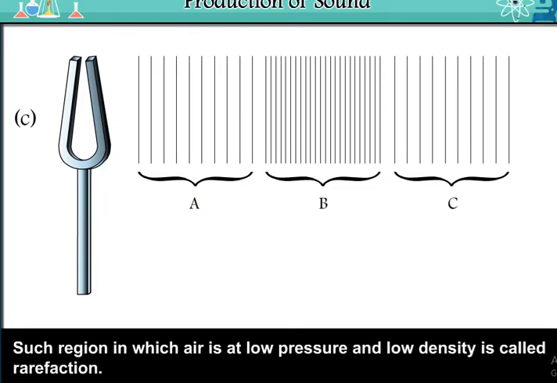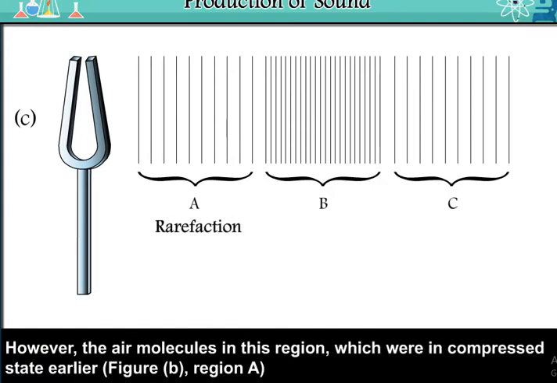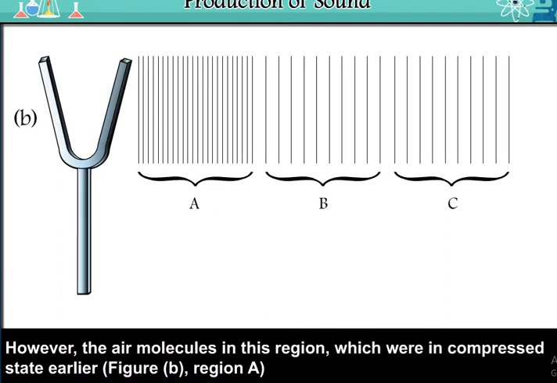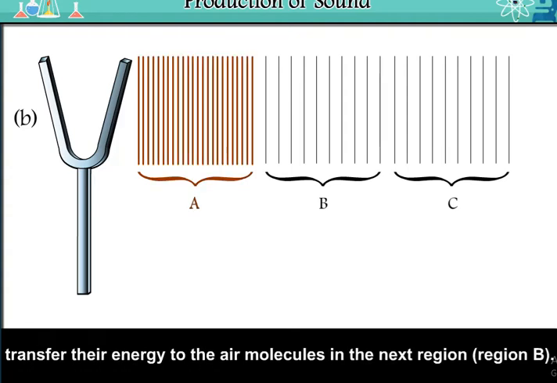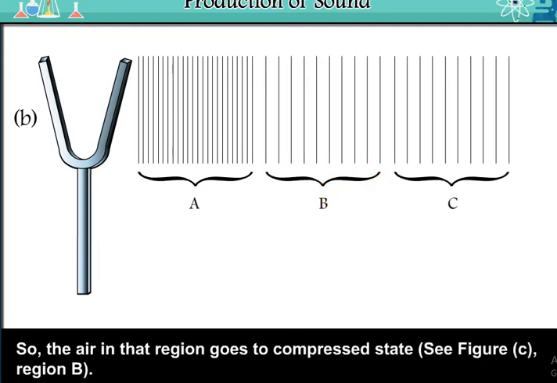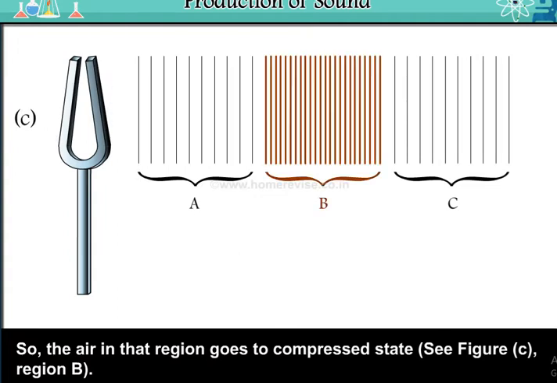Such a region in which air is at low pressure and low density is called rarefaction. However, the air molecules in the region which were in compressed state earlier, figure B, region A, transfer their energy to the air molecules in the next region, region B. So the air in that region goes to compressed state.